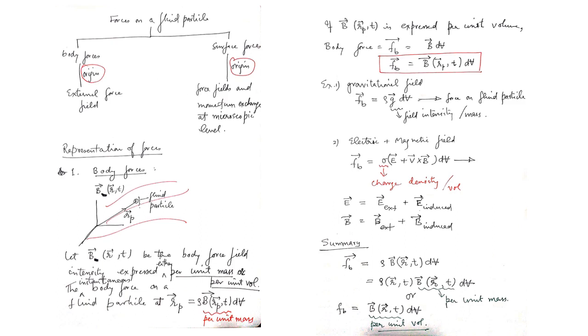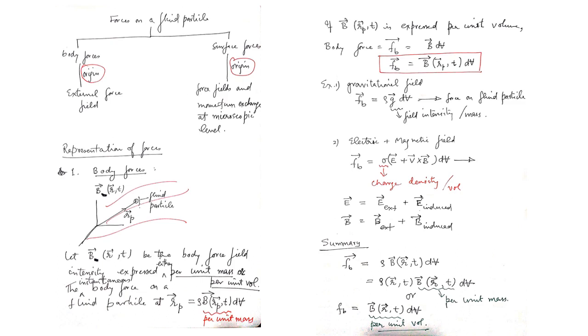Now here E and B, these are total fields, okay, the external imposed fields along with whatever is induced due to the unsteady effects in the flow and due to the motion of the fluid. So the usual laws of electromagnetic induction are going to guide us in getting these induced fields.